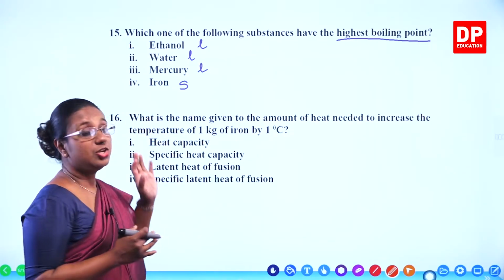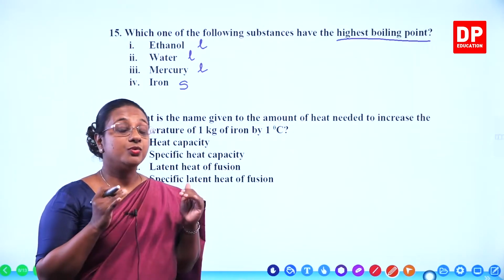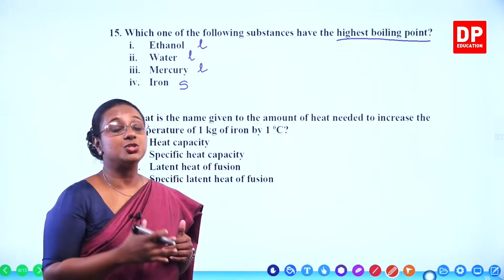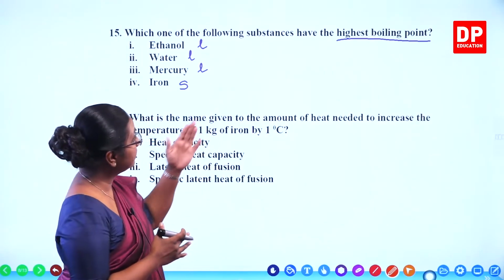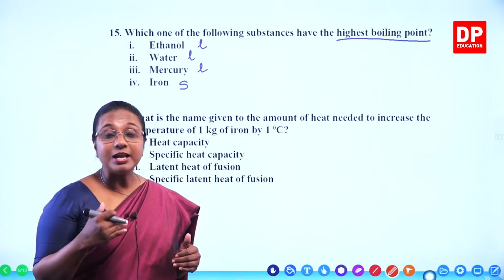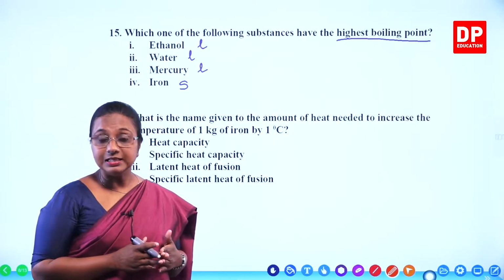But iron is already there in the solid state. So that has to become liquid first and then it has to become a gas. That is, it has to boil thereafter. So obviously, the boiling point of iron will be greater than all the other three.